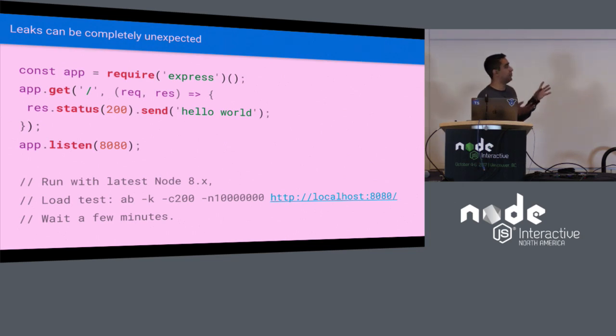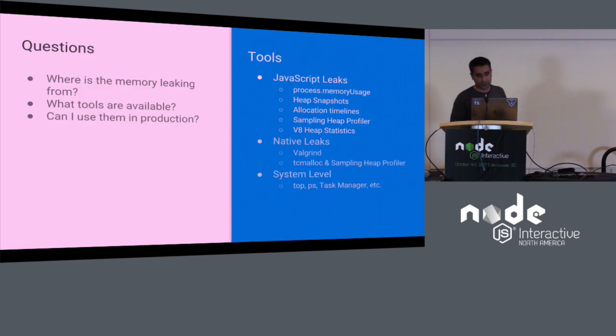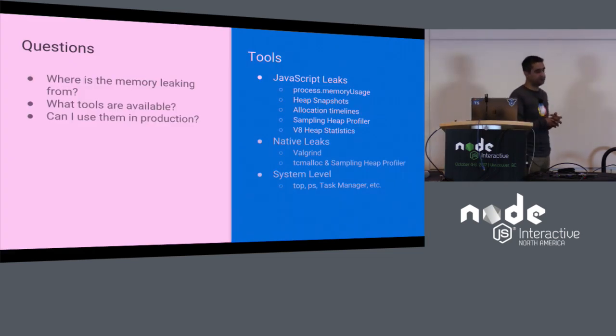So this is a native leak, right? This is not a JavaScript leak, but your application may still experience this. So that's what I mean by a native leak. And there's some tools available for debugging native leaks as well.